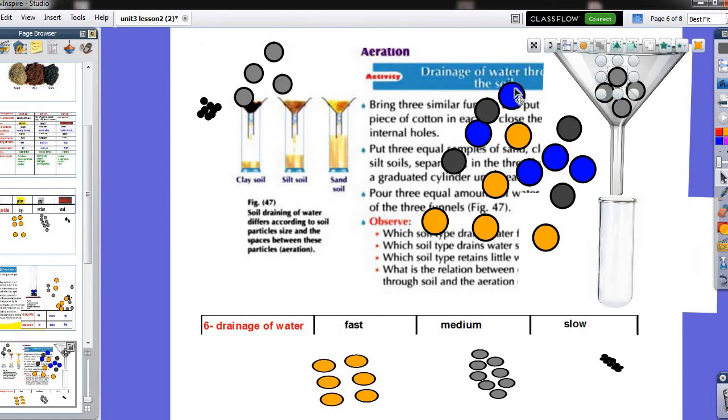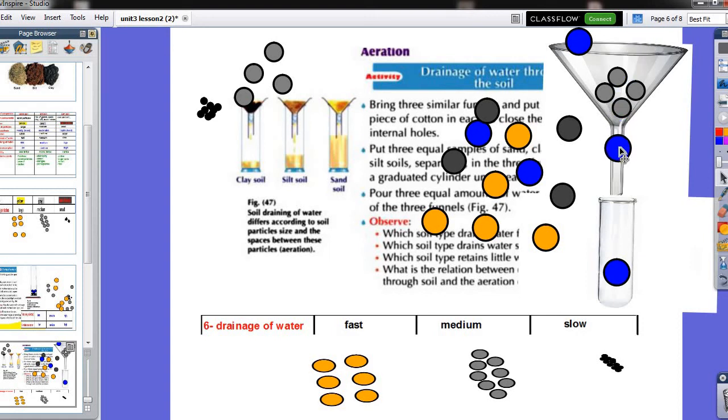As we see, when we pour the water, it will move, like we see, less than in the case of the sand. So the drainage of the water is medium, as we see.